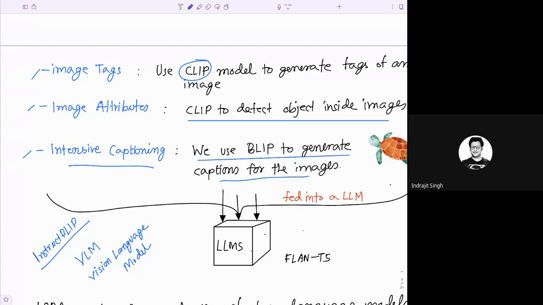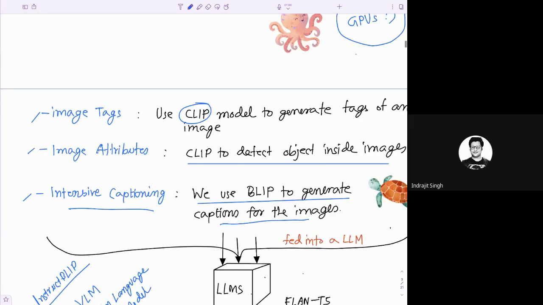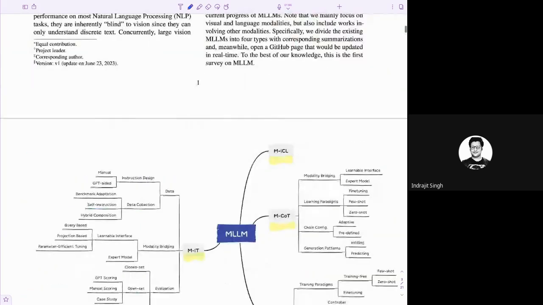The primary goal of that model was querying these LLMs and trying to get the captions. I'll talk about that a little bit later. Again, we come to CLIP and BLIP, because it's important to understand these multimodal language models.